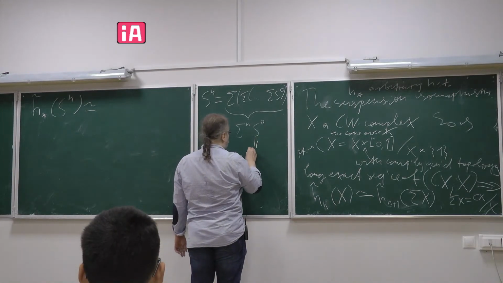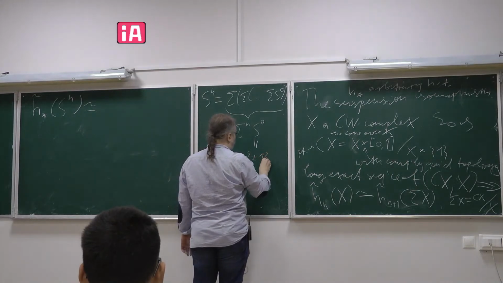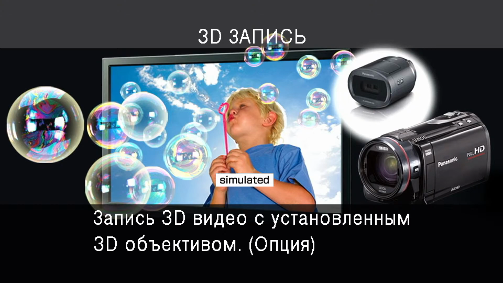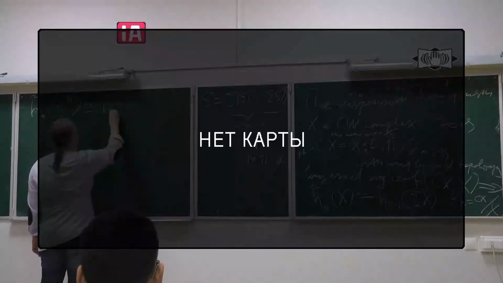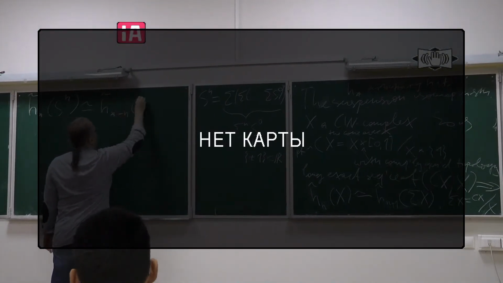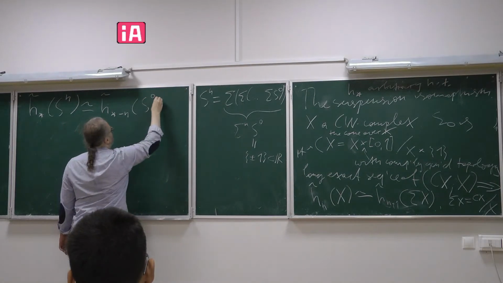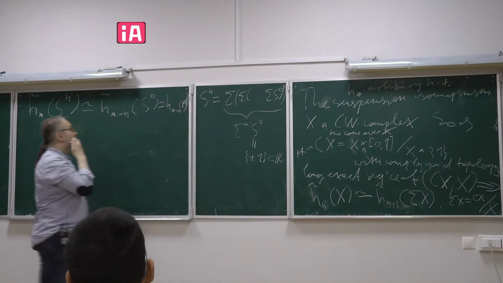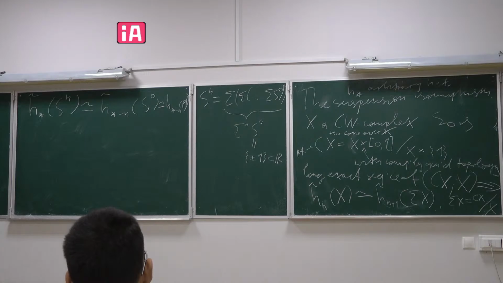The zero sphere is just... so we get these isomorphisms.